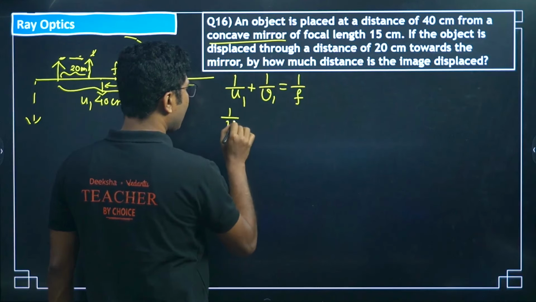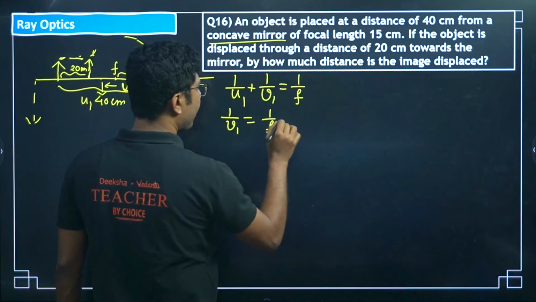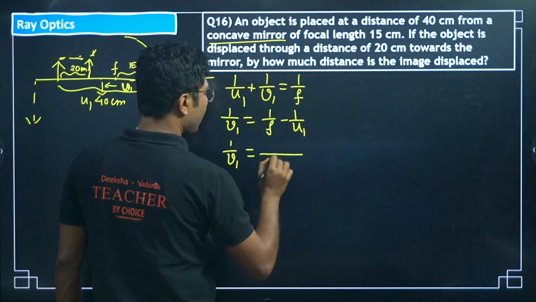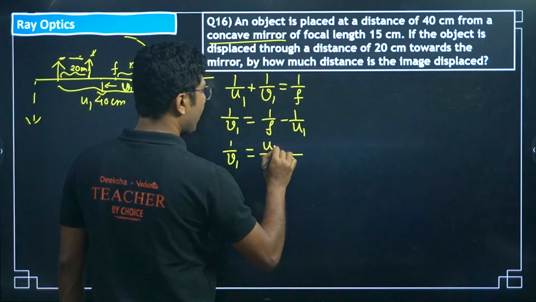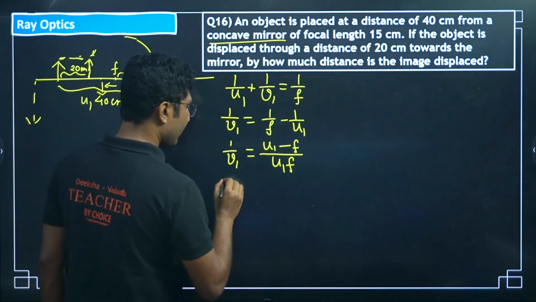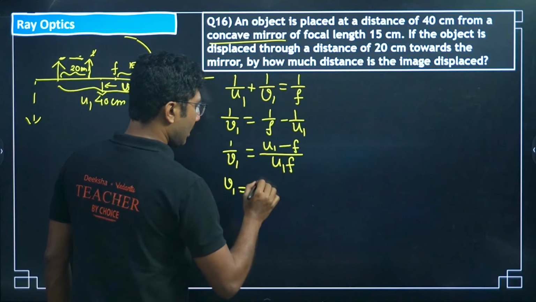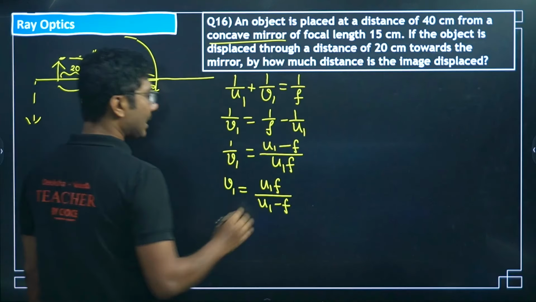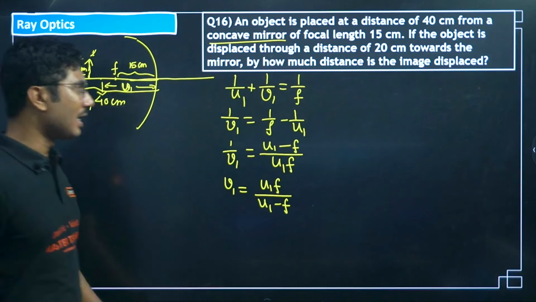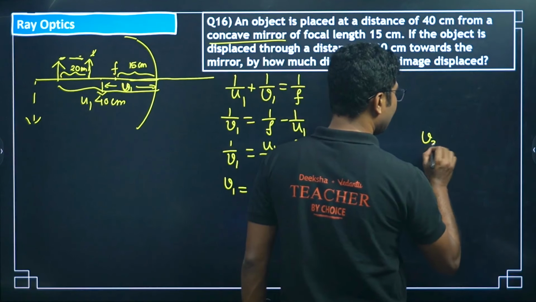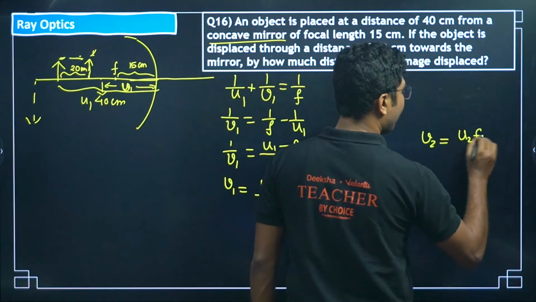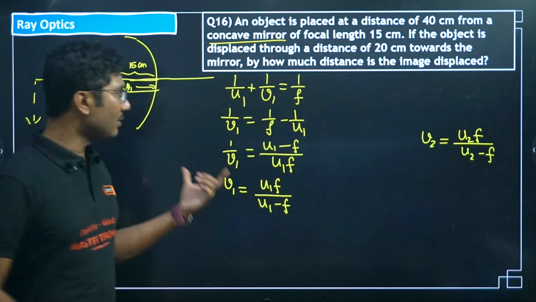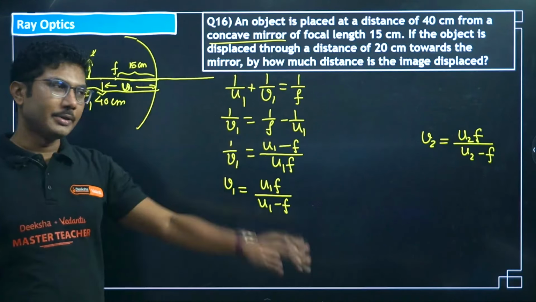So, 1 by V1 equals 1 by F minus 1 by U1, or 1 by V1 equals U1 minus F by U1F, or V1 equals U1F by U1 minus F. Why am I doing it like this? Because once we have derived the formula, similarly we can say V2 will be U2F by U2 minus F. The same formula can be used for all the image distances.